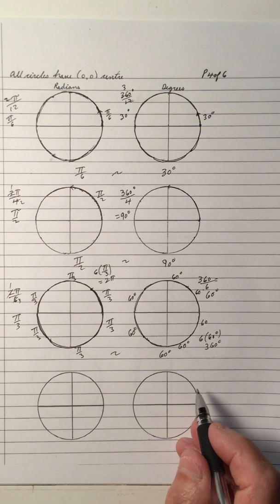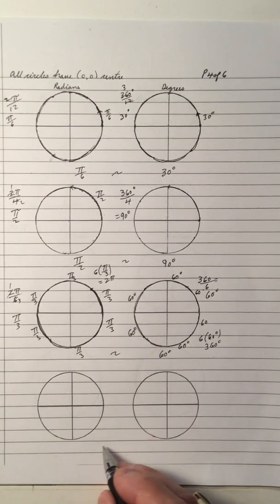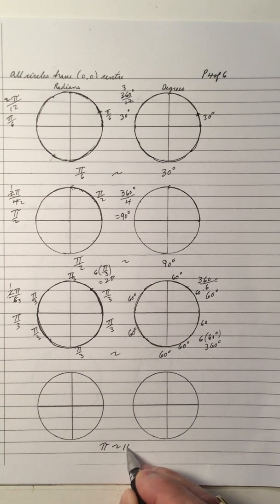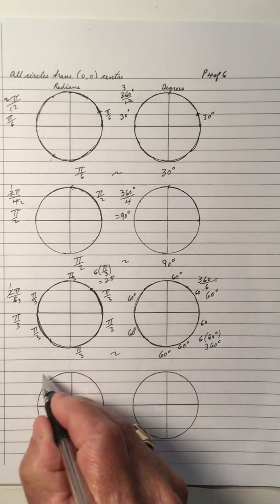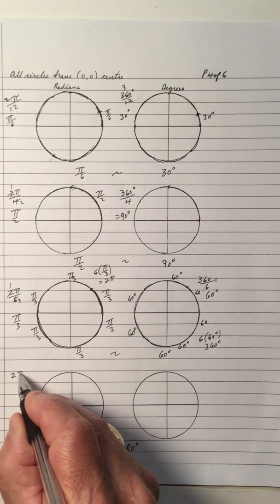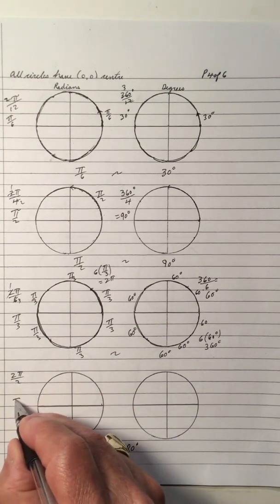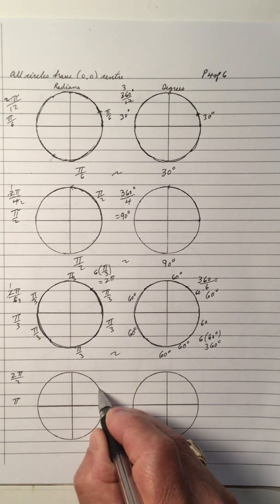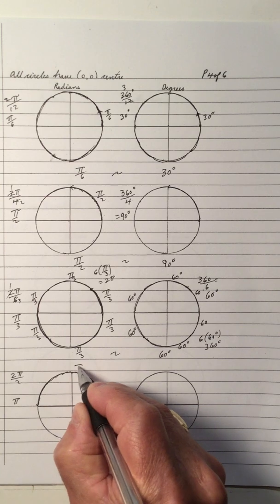Just to cap it up, I always remember that pi is equated with 180 degrees. In other words, all the way around is 2 pi, and half of it is pi. So this rotation, in terms of radians, is pi.